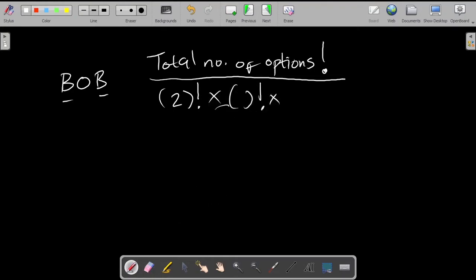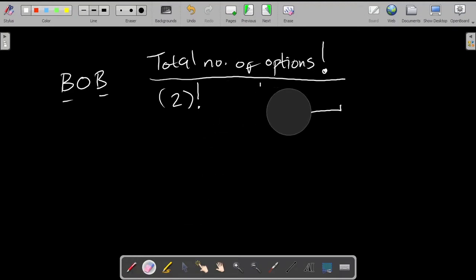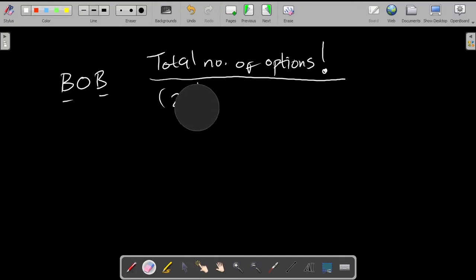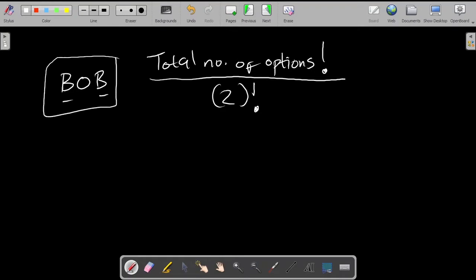I'm just showing you this because you can find that a certain word actually has more than one kind of repetition, or it actually has more than just 2 of these repeating. So in this example, the total number of different arrangements that you can make is 3 factorial divided by 2 factorial.